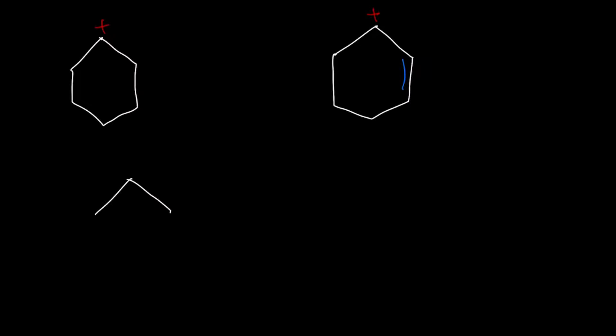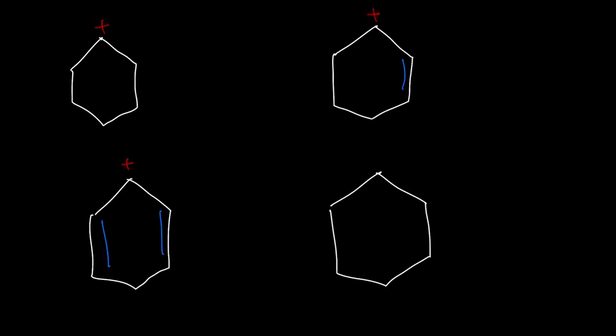Let's go over a series of examples where we're going to have some carbocations in rings. Now go ahead and try and figure out which of these rings is going to be most stable when it comes to carbocation stability.